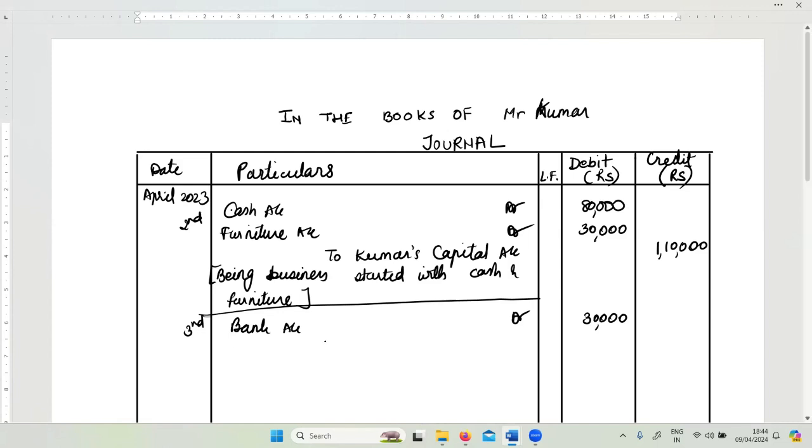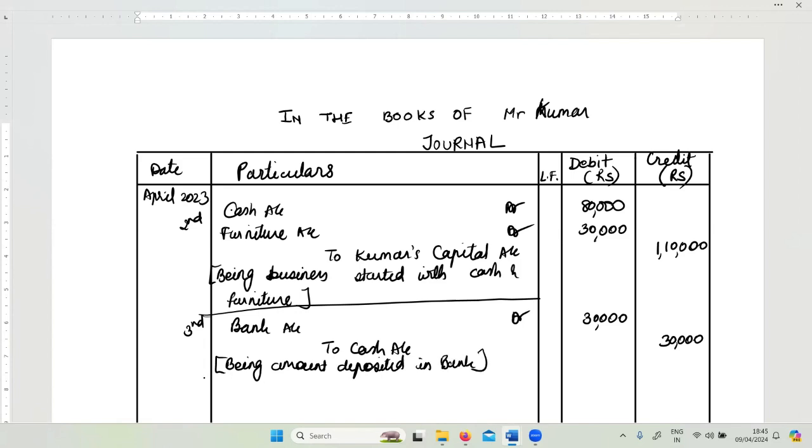Second part is to cash account. Cash is going out from the business. Cash account credit 30,000. And narration you will write being amount deposited in bank. Right? Close this transaction.